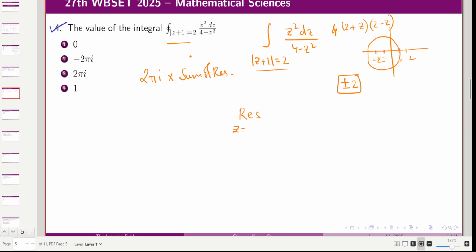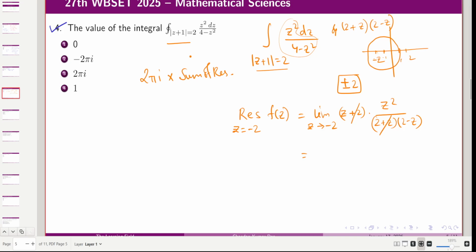So the residue at z equal to minus 2 of f(z) is equal to what? If this is the complete f, then the formula is the limit as z tends to minus 2 of (z minus minus 2), that means (z plus 2), into f(z), which is z square by (2 plus z) into (2 minus z).